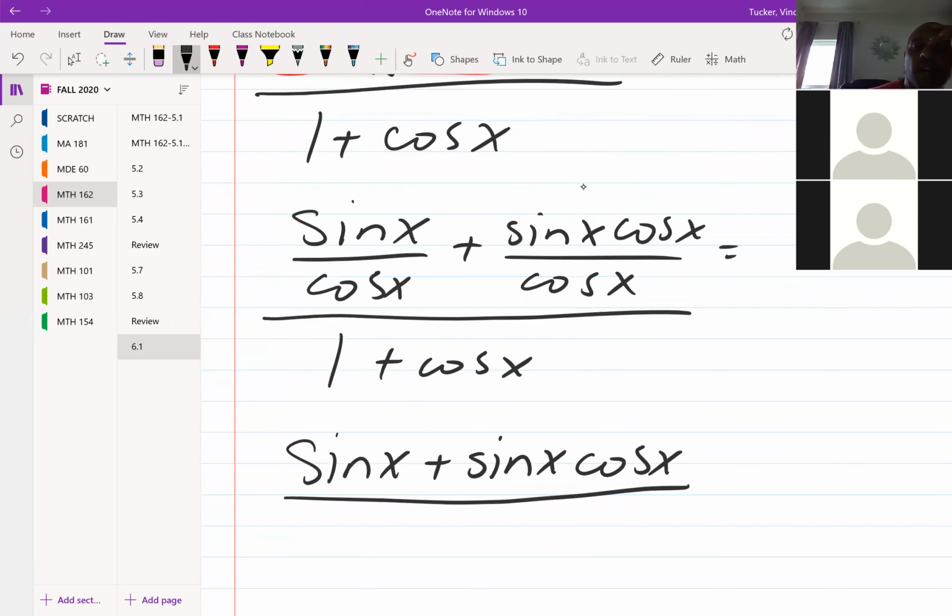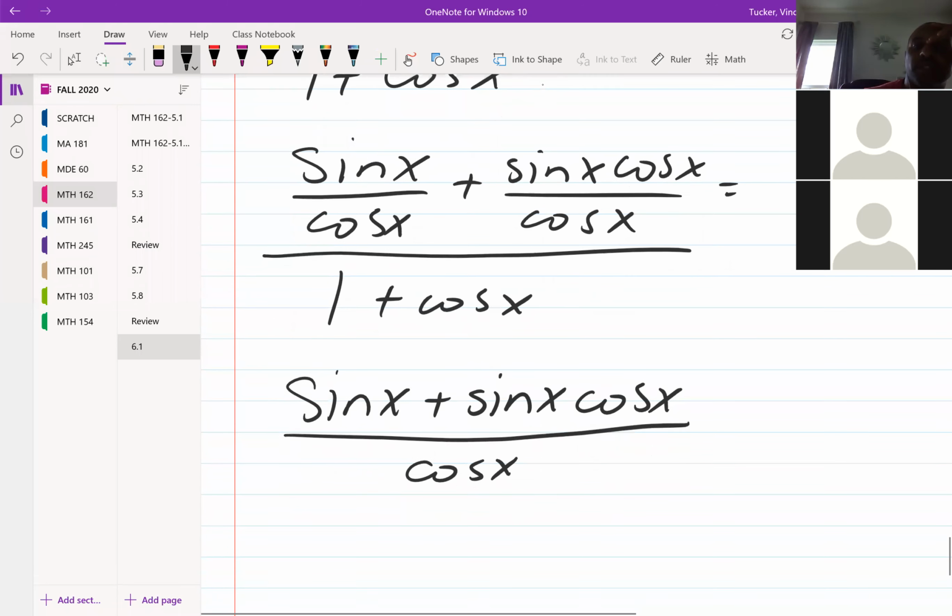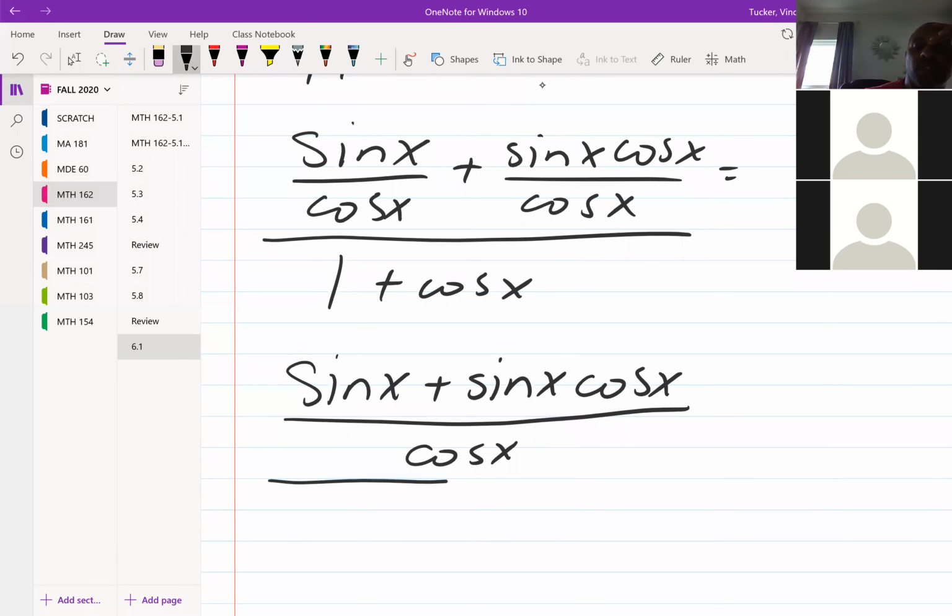So bringing that top together, that's sine plus sine cosine over 1 plus cosine. All right.